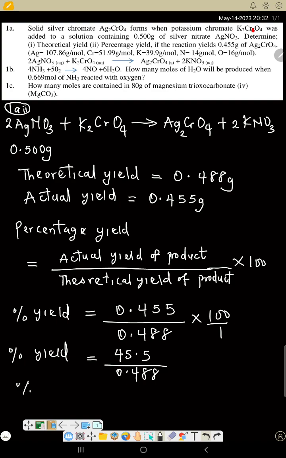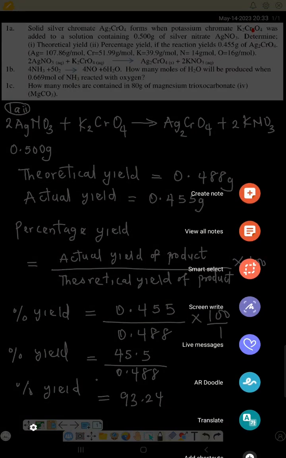So percentage yield is 45.5 divided by 0.488. That is 93.24%.